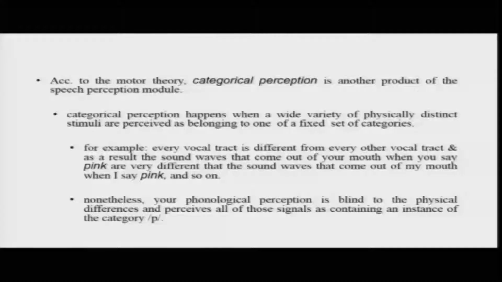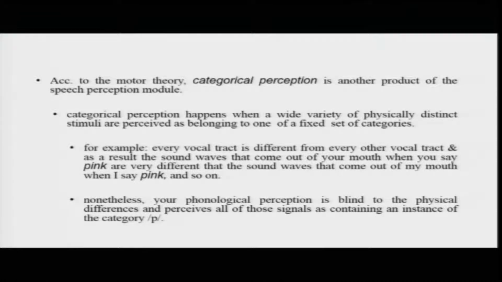Every vocal tract is different, as I have been saying, from every other vocal tract, and as a result the pattern of sound waves that come out of your mouth when you say pink or my mouth when I say pink are very different. How do we both hear pink even if you are saying it or I am saying it? The phonological perception system is blind to the physical differences and perceives all of these variations as one category.